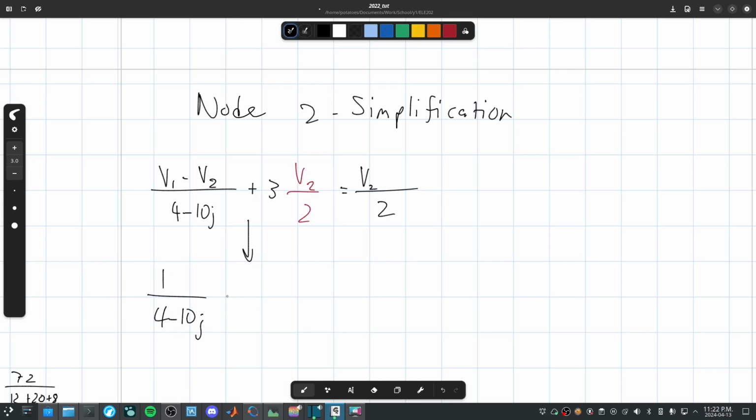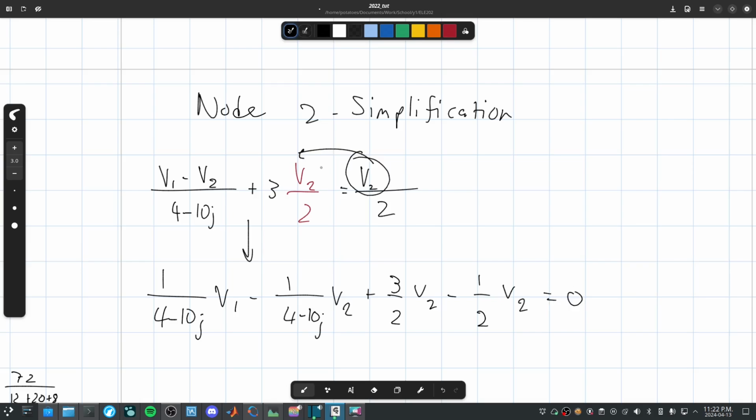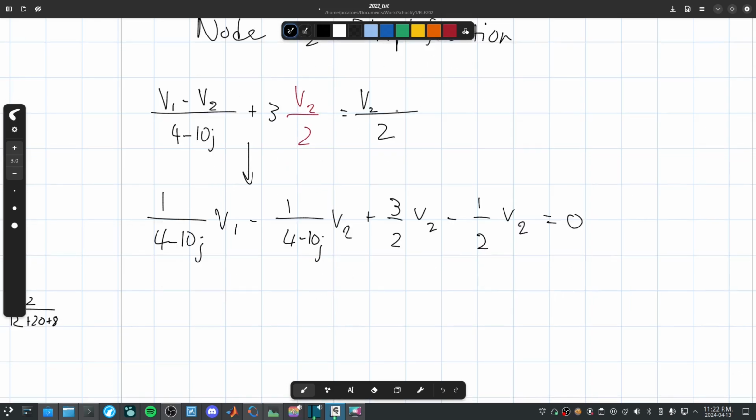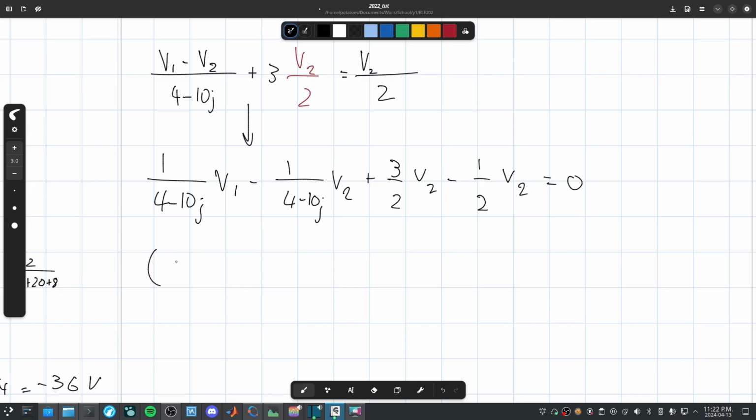So 4 minus 10j V1 minus 1 over 4 minus 10j V2 plus 3 over 2 V2 minus 1 over 2 V2. And we'll bring everything with a voltage on the left side. Only constants go on the right side. Collect like terms. 1 over 4 minus 10j, let's scratch that out.